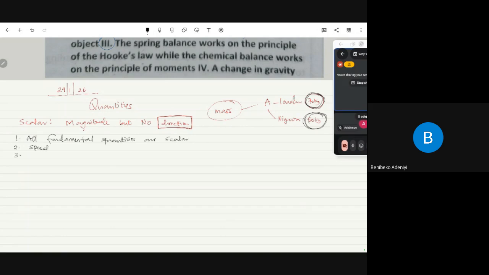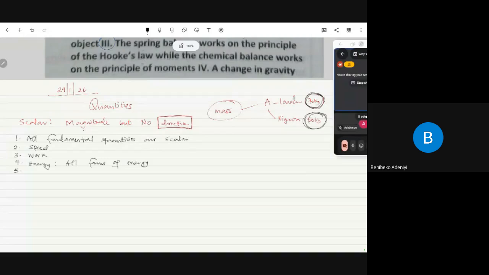Number 3, work is scalar. Number 4, energy. All forms of energy are scalar, maybe kinetic, gravitational potential energy, all energy is scalar.